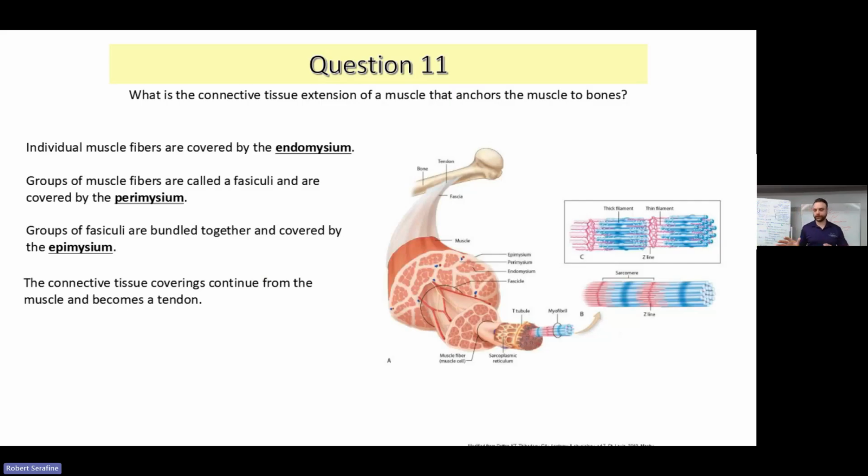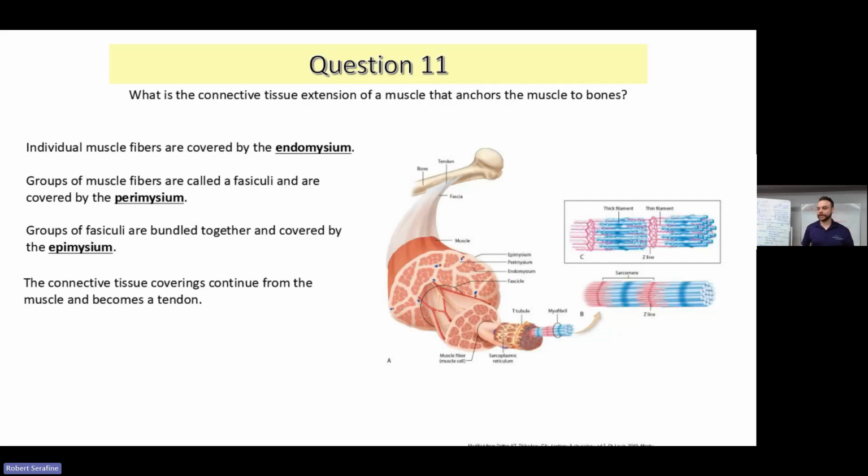I should have prefaced that the breakdown we're looking at is specifically for skeletal muscle fibers, the myofibrils and all that. We're specifically looking at the breakdown of skeletal muscle tissue. The connective tissue that supports these individual fibers continues on past the muscle fibers, past the entirety of the muscle, to create a tendon, which then attaches that muscle to the bone.